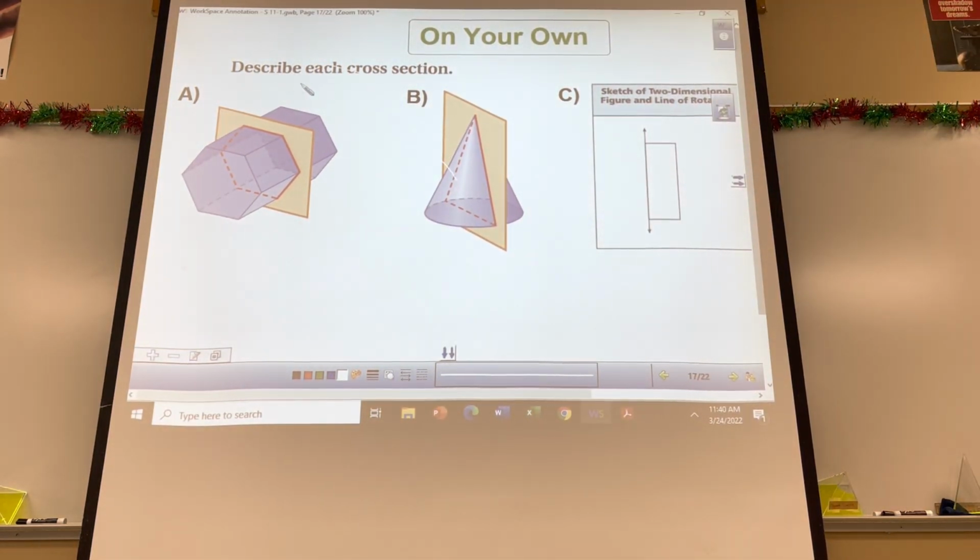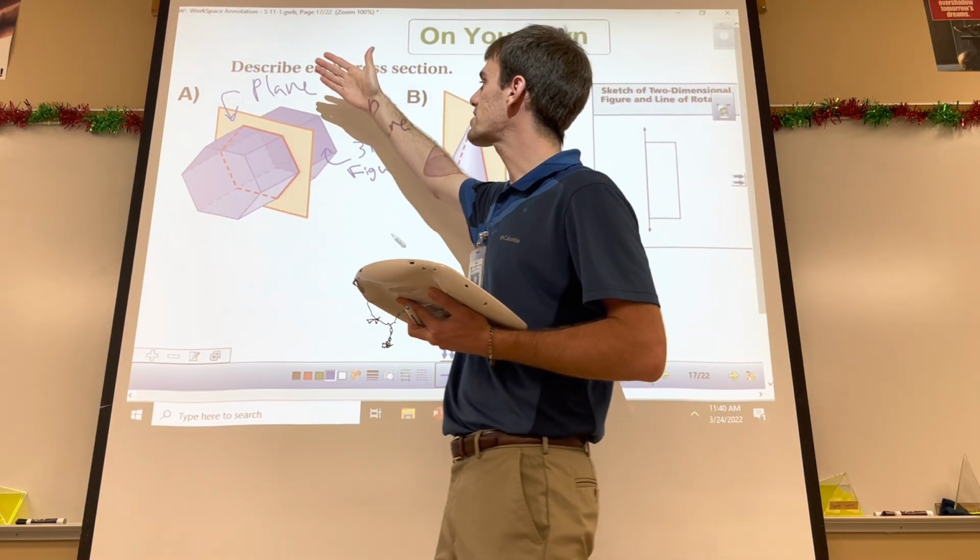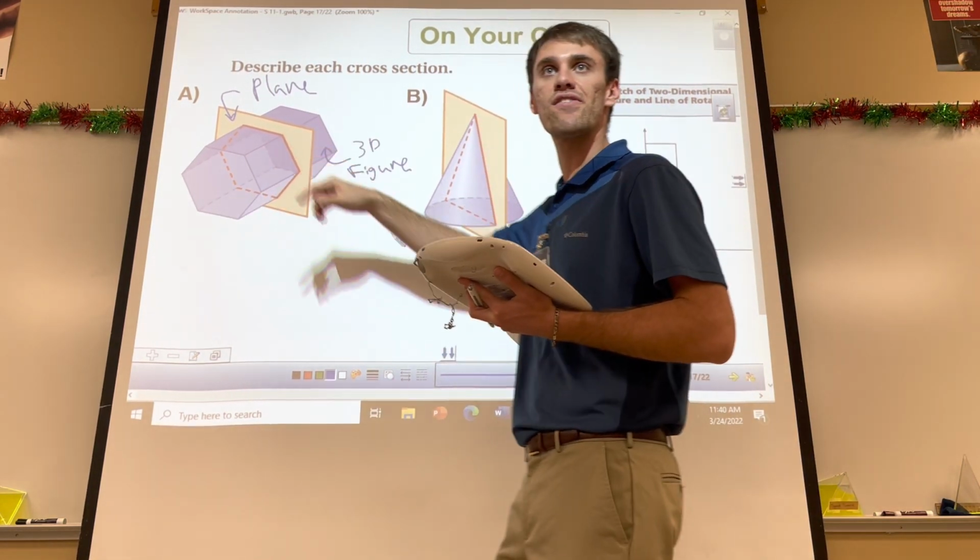Alright, so describing each cross section. Here is our plane, and this is our 3D figure. What is the shape generated by the intersection of this plane and this 3D figure?